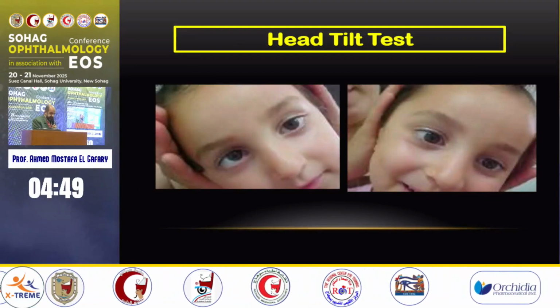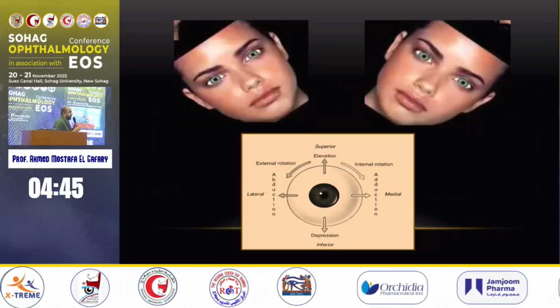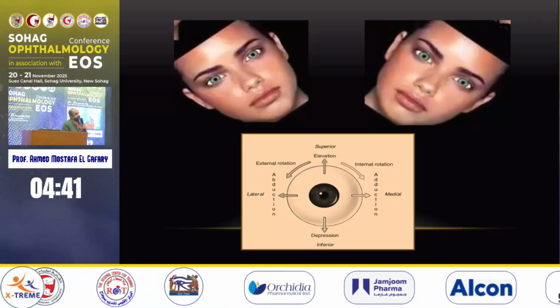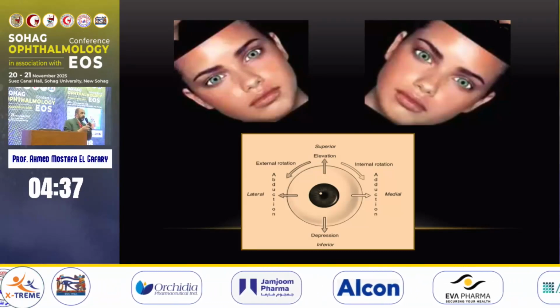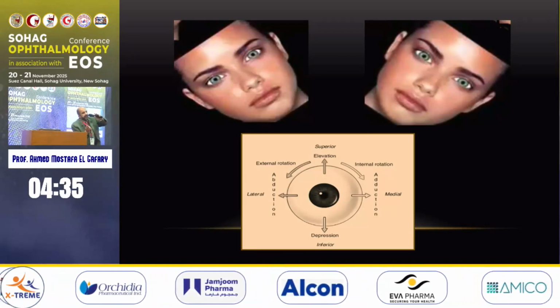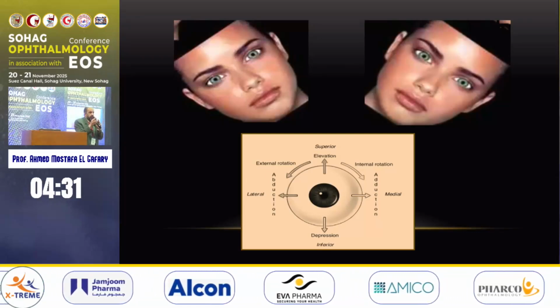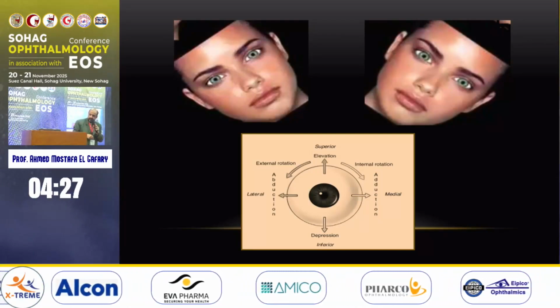What about the head tilt? In the normal state, when I tilt my head like this, the field I see will not go with my head, it will be maintained in the central position. Why? Because there is a rotation movement of both eyes.